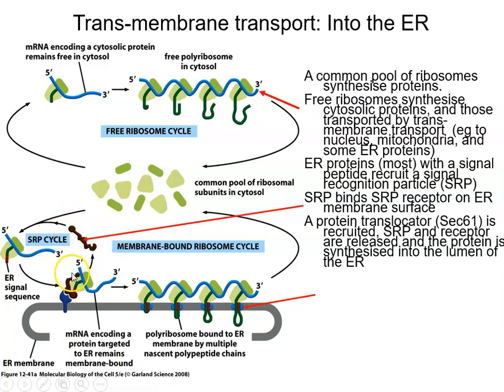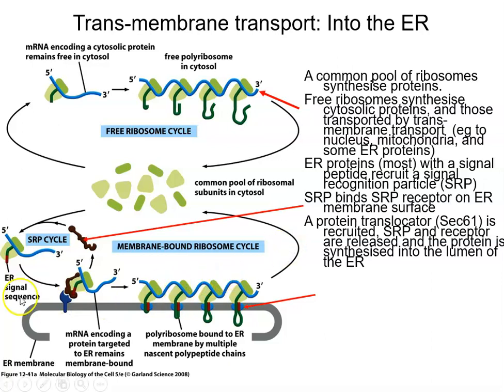This SRP will then bind into a signal recognition particle receptor here. So we've got an mRNA which has been translated, but it's been paused, bound to the SRP, bound to the SRP receptor on the surface of the endoplasmic reticulum.